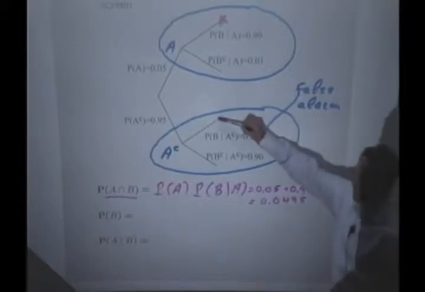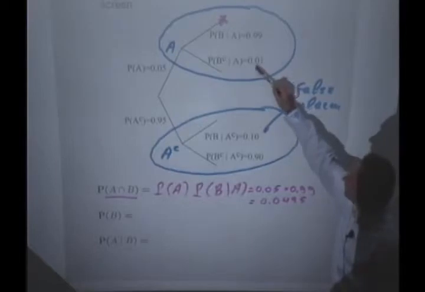Well, we use the definition of conditional probabilities, and this is the probability of A times the conditional probability of B given A. So it's 0.05 times 0.99, and the answer, in case you care, is 0.0495. Okay, so we can calculate probabilities of final outcomes, which are the leaves of the tree, by using the probabilities that we have along the branches of the tree.